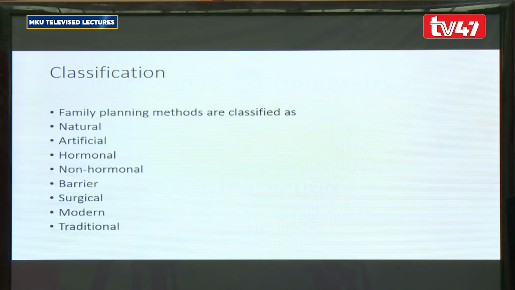The first thing is classification. When you are to describe a certain method, the first thing is which class is this method of family planning? The family planning methods are classified either as natural family planning, artificial family planning, hormonal contraceptive, non-hormonal contraceptive, barrier method, surgical method, modern method, or traditional method.